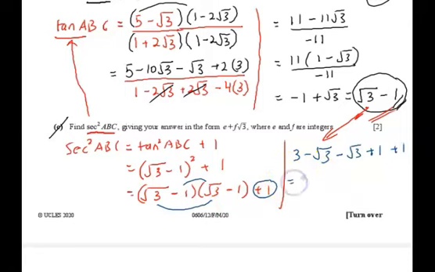Then we end up getting 3 plus 2, and here we'll be getting 5 minus 2 surd 3. So this is the answer for this question.